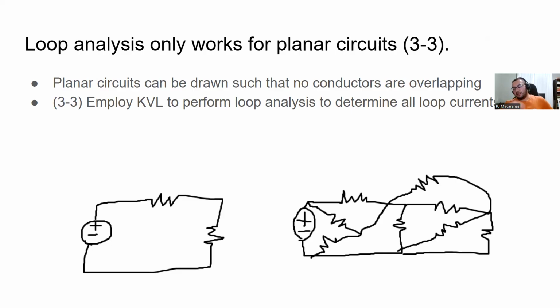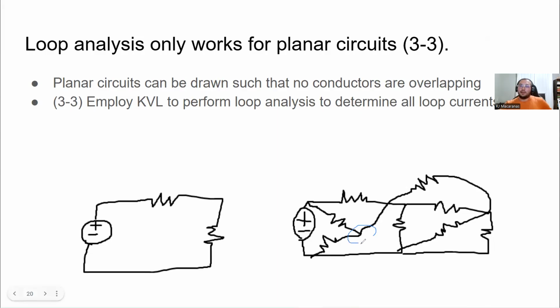So loop analysis is very similar to nodal analysis, but it only works for what's called a planar circuit. These planar circuits can be drawn such that no conductors are overlapping. For example, this circuit on the left is planar. This circuit on the right is not planar because I've got this awkward connection here.